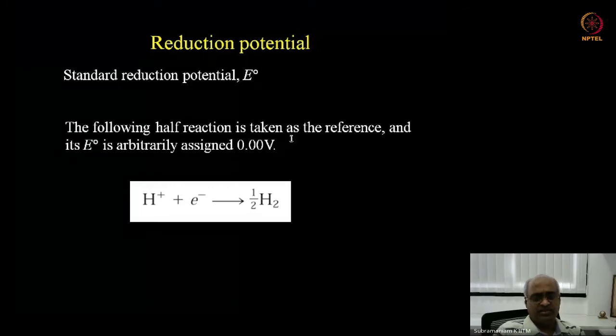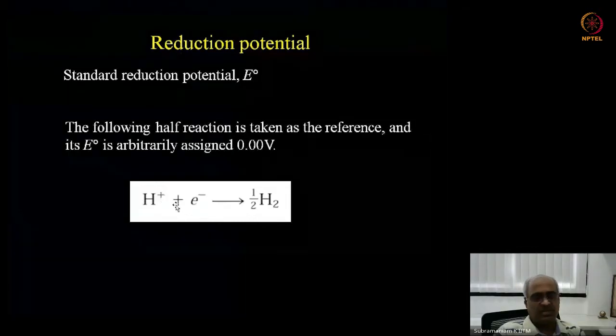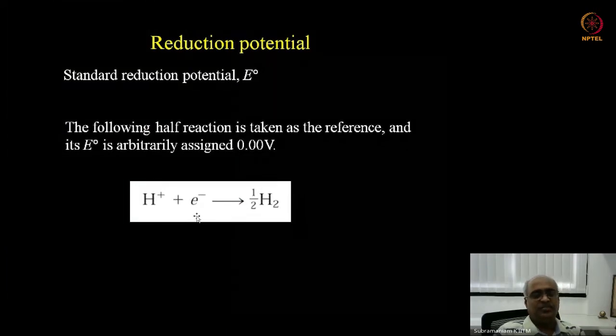And this standard reduction potential is arbitrarily assigned as 0 volts for this particular half reaction, that is, proton taking up an electron to become hydrogen atom. This we take as the reference, this hydrogen's standard reduction potential. Everything else is compared with this.